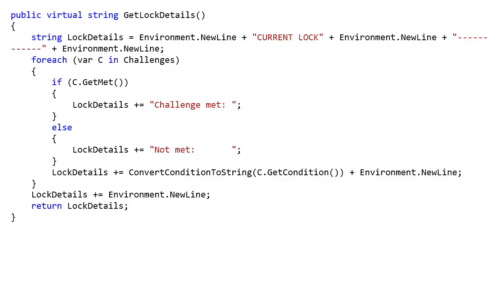So what we've got is a string being built up that says challenge met or not met, followed by the result of convert condition to string, which is being passed this, and then appending that to the end.